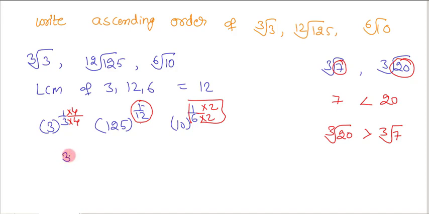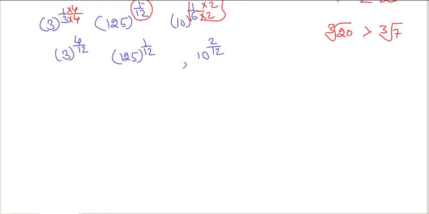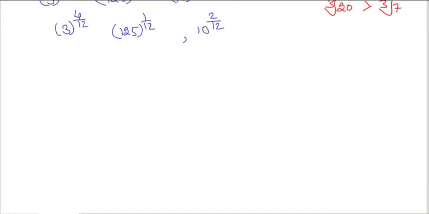So I can write this as 3 to the power of 4 by 12, 125 to the power of 1 by 12, and 10 to the power of 2 by 12. Now this one we can write as 3 to the power of 4, whole to the power of 1 by 12, and 125 to the power of 1 by 12. The third surd can be written as 10 squared, whole to the power of 1 by 12.